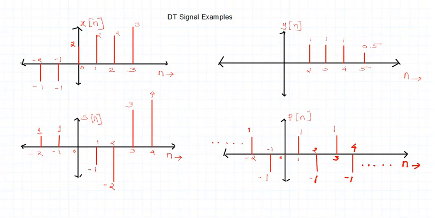Then what about outside this range? Definitely outside this range the signal is 0. No samples exist outside this range, which means all the other samples are 0.